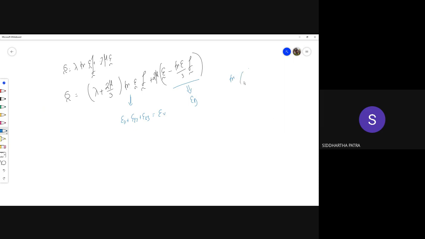If you take the trace of the deviatoric part, it would be trace of epsilon minus trace of epsilon divided by 3 times trace of identity tensor. Now, what is the trace of identity tensor? It's 3.